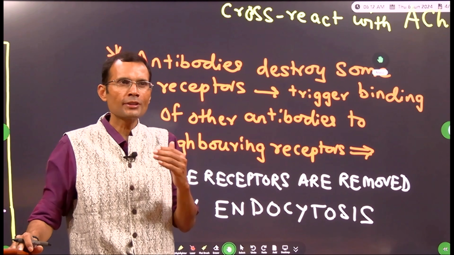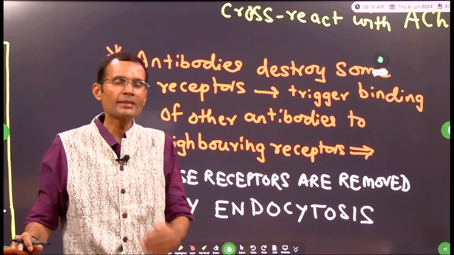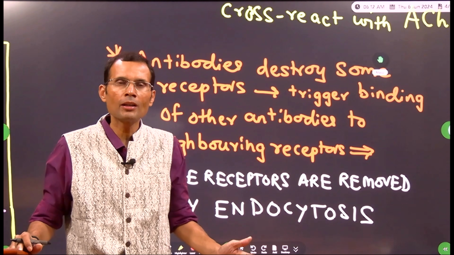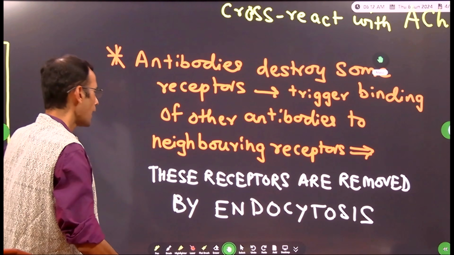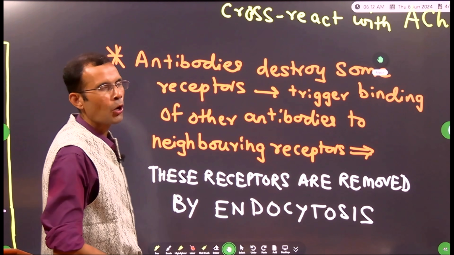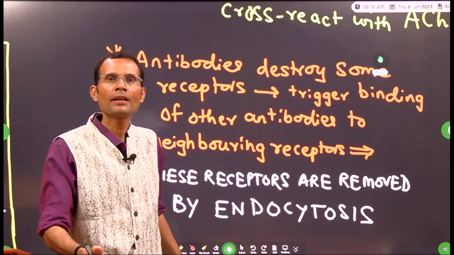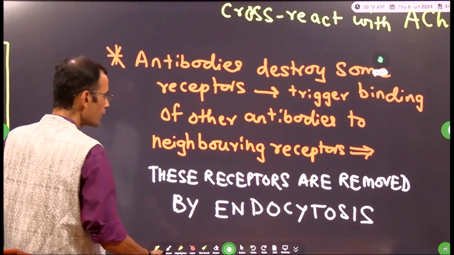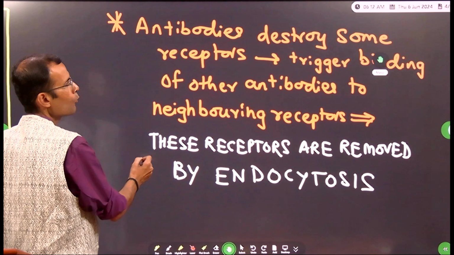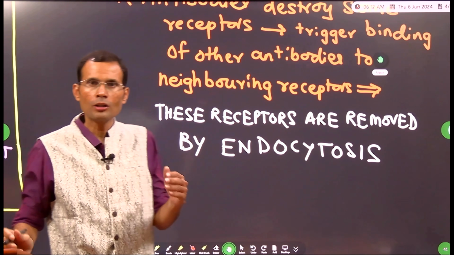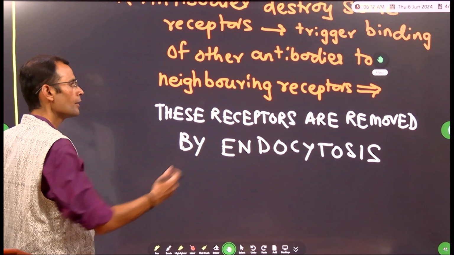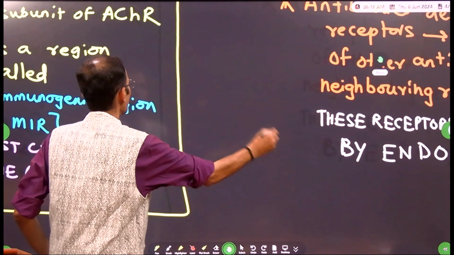So almost 70 to 80% of the receptor population is unavailable in this manner, either destroyed directly or antibody binding followed by endocytosis of those receptors. So 70-80% of the receptors won't be available for the acetylcholine to act upon. And that's basically the pathophysiology.